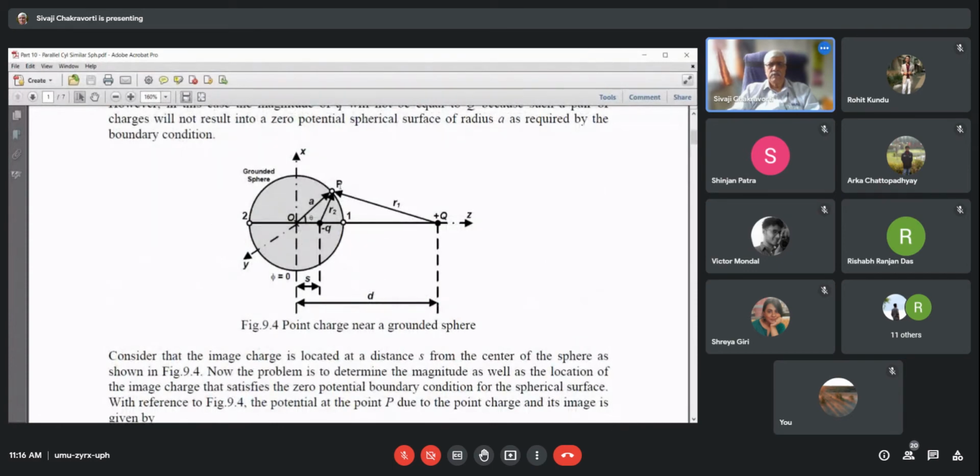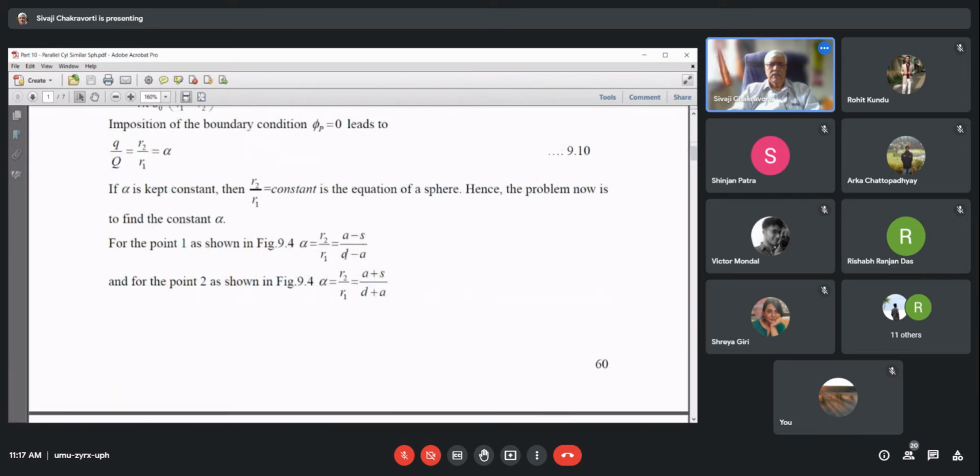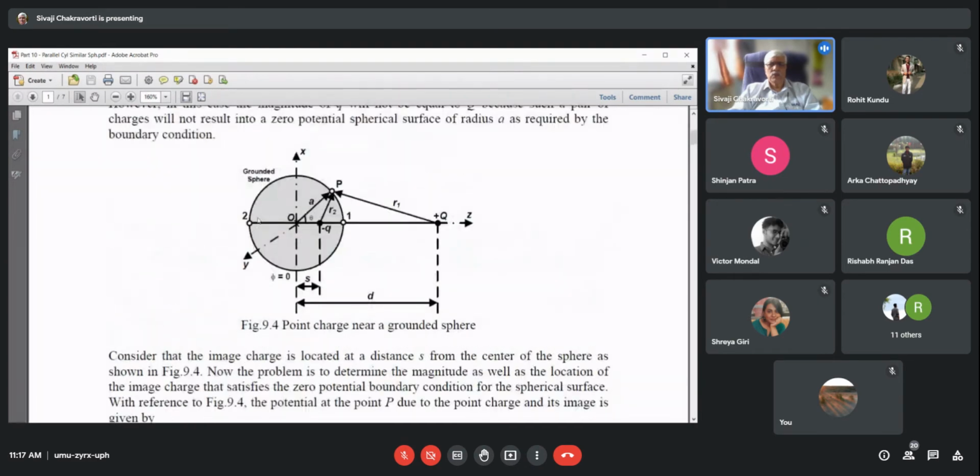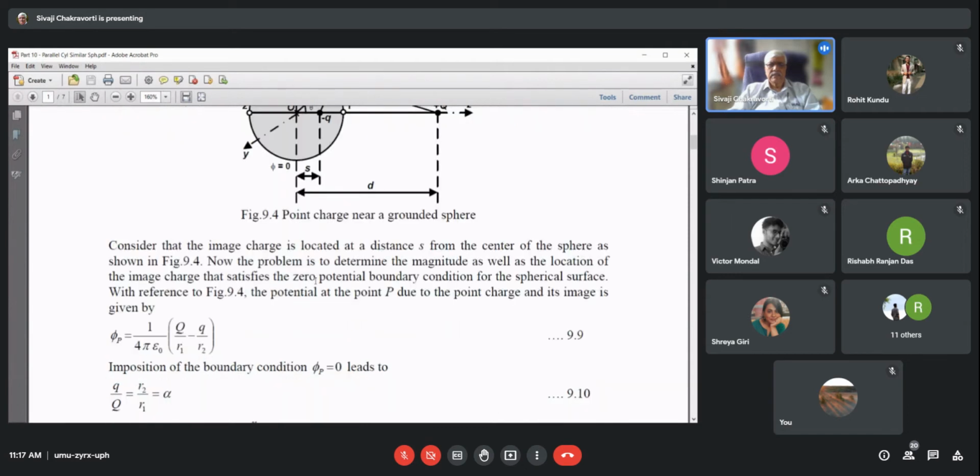R1 is the distance of point P and plus Q. Now point P is the point 1. That will be the total distance D minus the radius. So here you can see, for the point 1, I can write R2 by R1 like this. And then for the point 2, R1 will be D plus A and R2 will be A plus S, which is written here.